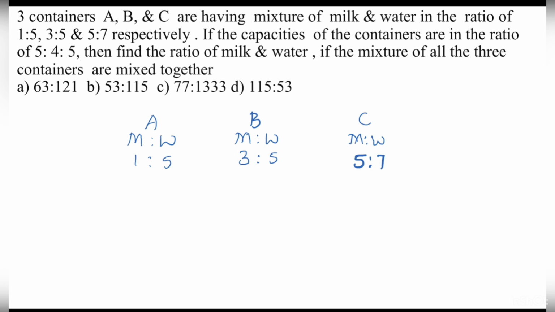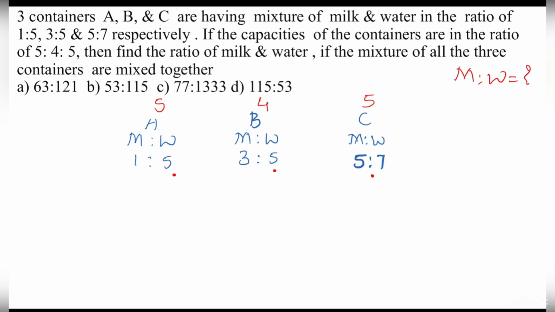Okay. Then, if the capacities of the containers are in the ratio 5:4:5, okay, the capacity of A is 5, B is 4 and C is 5. Then, find the ratio of milk and water if the mixture of all the 3 containers are mixed together. Okay, if all the 3 containers mixtures are mixed together, then milk is to water in the new container is how much they are saying.